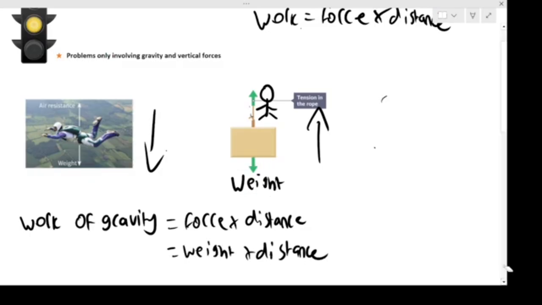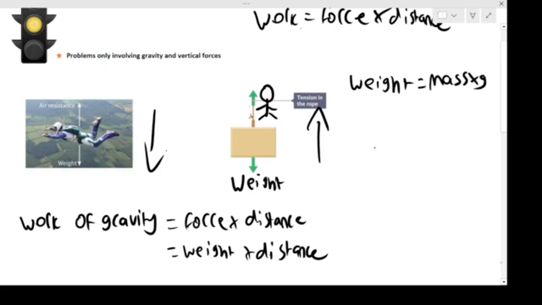Now, we know that weight is mass times G. Now, G, remember, is usually 9.8. But actually, G is a large-ish sort of decimal, right?